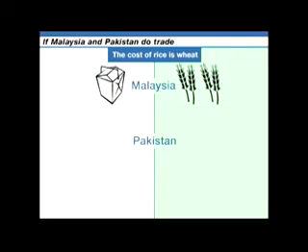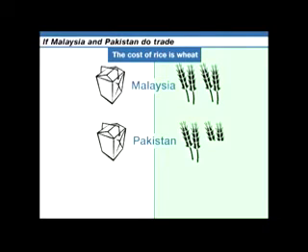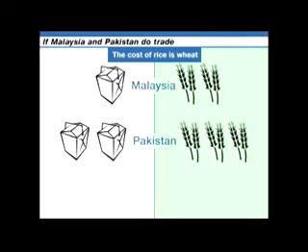Let's look at an example. In Malaysia, the opportunity cost of 1 bushel of rice is 2 bushels of wheat. The same amount of labor that will produce these 2 bushels of wheat would otherwise produce this 1 bushel of rice. So the opportunity cost can be represented by this ratio. 1 bushel of rice always costs 2 bushels of wheat in Malaysia.